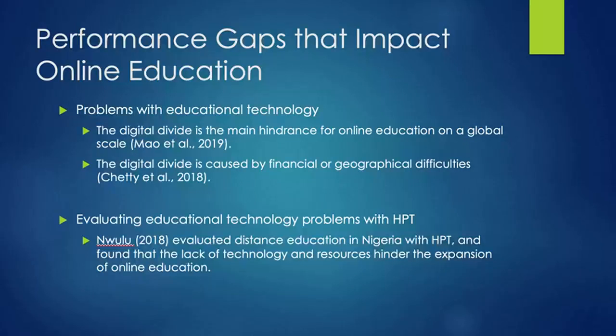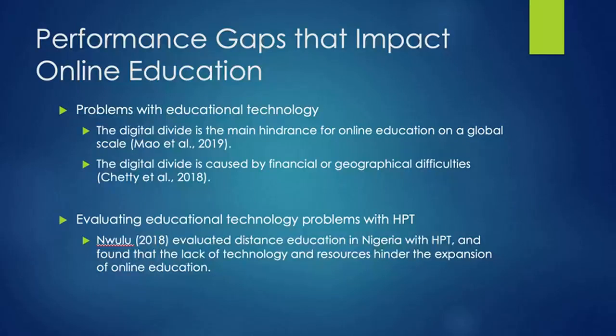Now, human performance technology can evaluate for these potential performance gaps. In 2018, Nwulu completed a dissertation project on distance education in Nigerian universities, and found that the lack of educational technology hindered the growth of online education in these universities, and online education would have greatly expanded their distance learning reach.